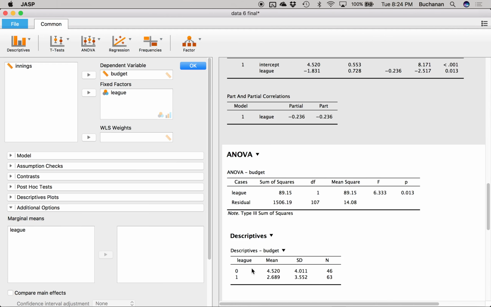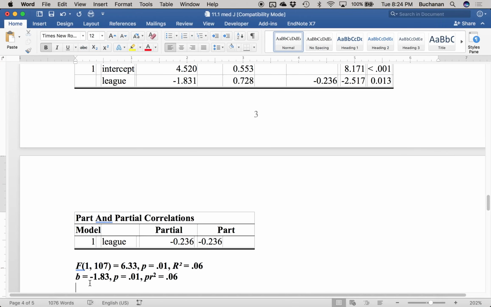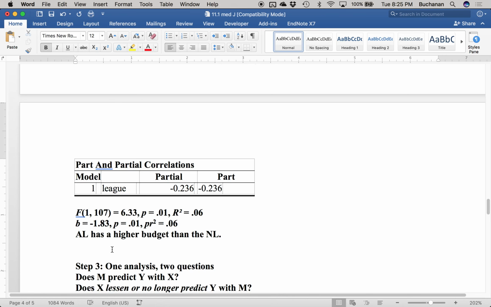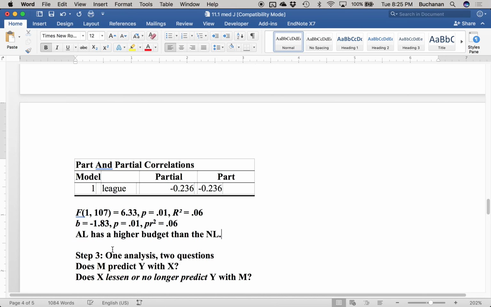The AL has more pitching innings needed and a higher budget, so $4.5 million or whatever, compared to 2.69 for the NL. So we've satisfied the second criterion, where X predicts M. That's considered the A path. So we've found the C path and the A path.